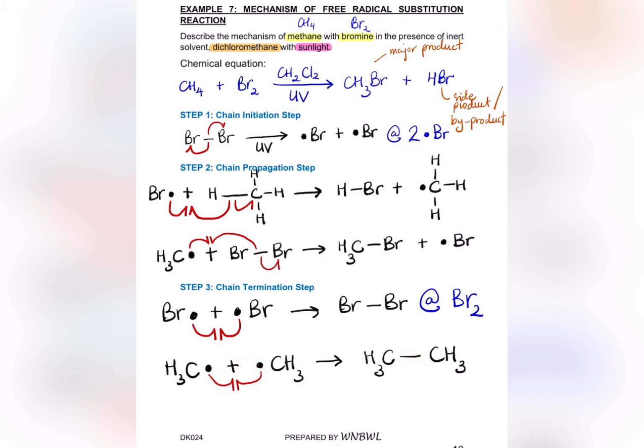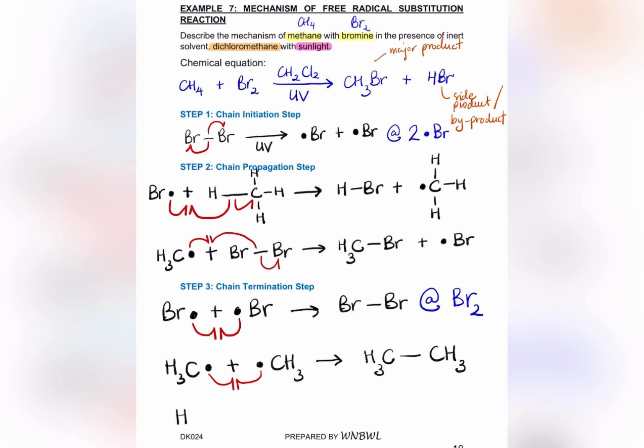And last but not least, you need to show the bond formation between 2 different radicals in this reaction as well, which are methyl radical with bromine radical. The reaction will happen with this bond formation. So I'm going to produce CH3Br.